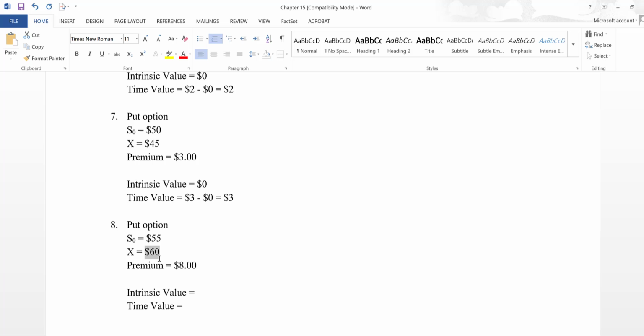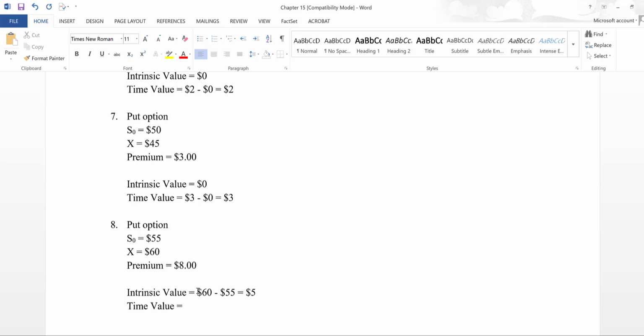So if you were to exercise this option, you can think of this transaction as buying at 55 and selling at 60. That would give you a positive payoff of $5. So in this case, this put option is in the money. Immediate exercise of the put option would result in a payoff of $5.